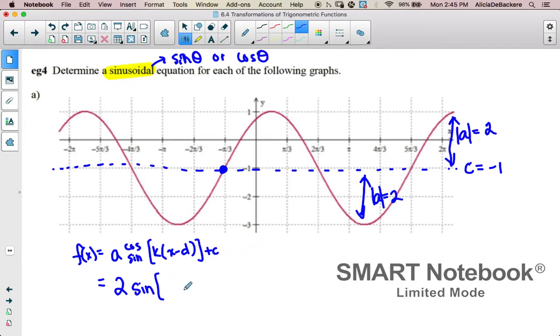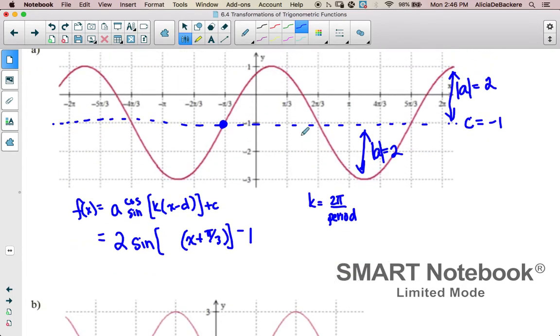My k value is still a mystery, but I do know that my d value is -pi by 3 on the graph, so +pi by 3 in the equation, and then -1 for my c value. Okay, got to figure out my k value. So I know my k value is 2 pi divided by the period.